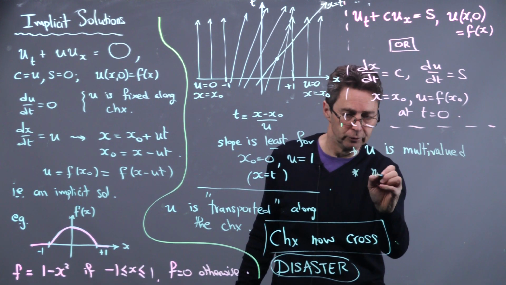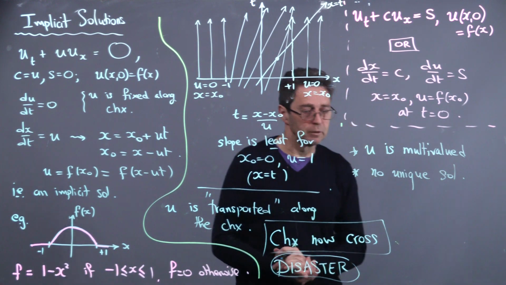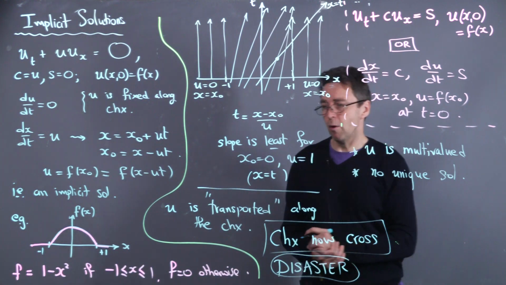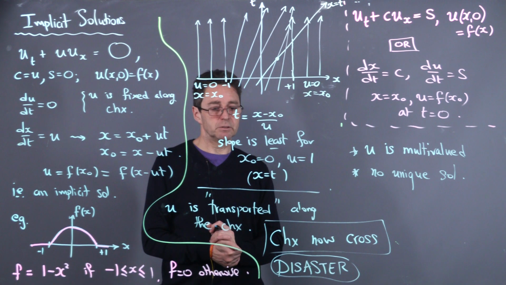That means that there's no unique solution. And in this sort of business, when you're solving mathematical problems, you have to have a unique solution. Otherwise, the whole effort has been pointless. So something's gone terribly wrong.